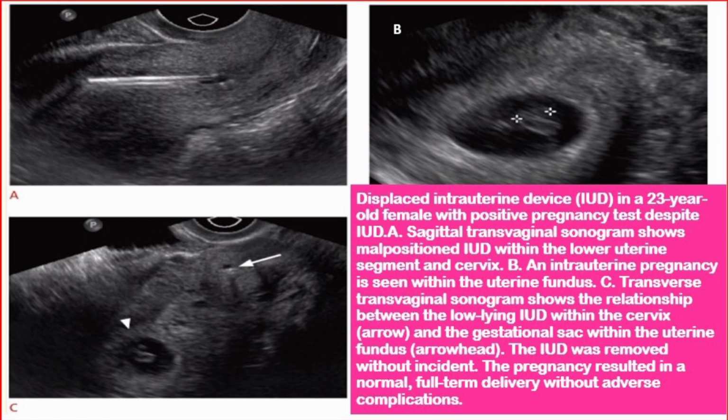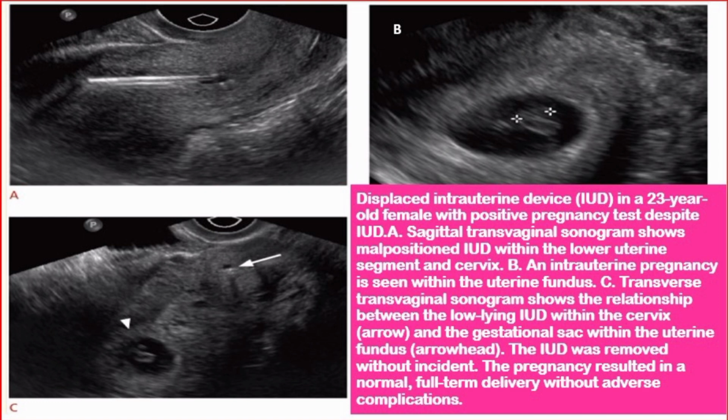This image shows a displaced intrauterine device in a 23-year-old female with positive pregnancy test despite intrauterine device. A, a sagittal transvaginal sonogram shows malpositioned IUD within the lower uterine segment and the cervix. B, an intrauterine pregnancy is seen within the uterine fundus.